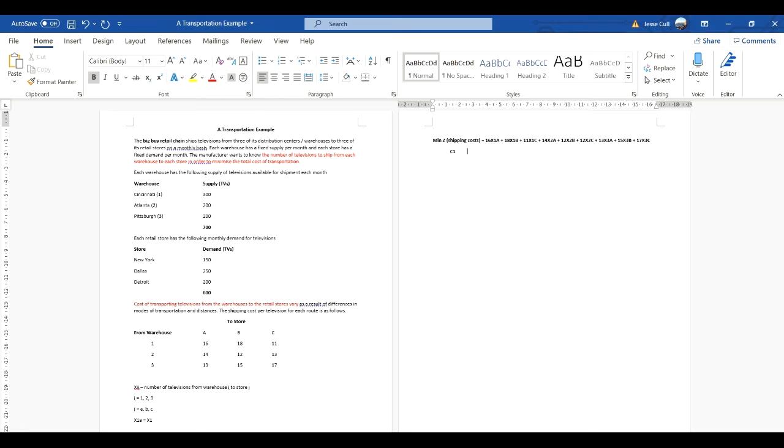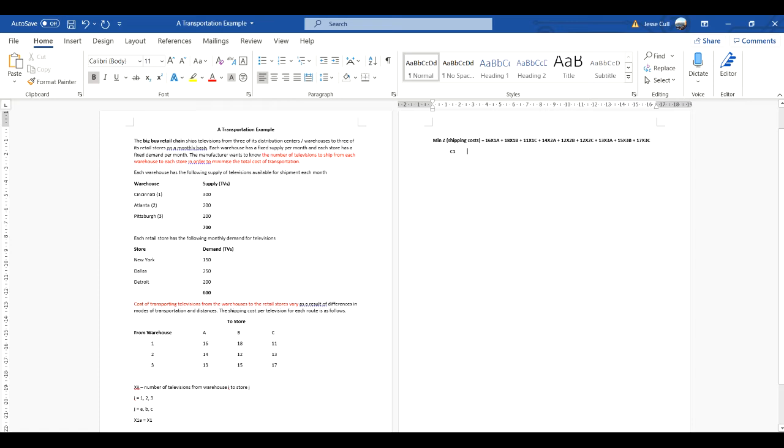For Cincinnati, what are our 3 variables? Well, let's say X1A, X1B, and X1C. The total from warehouse 1 must be less than or equal to what?